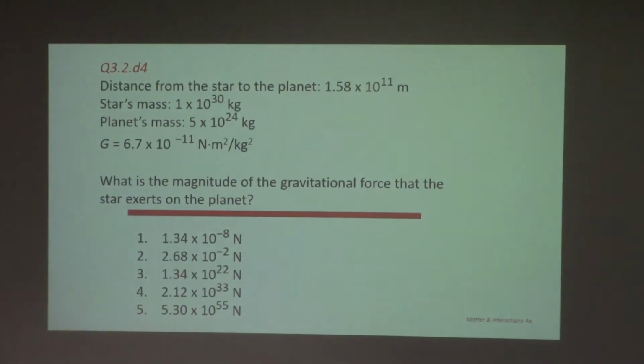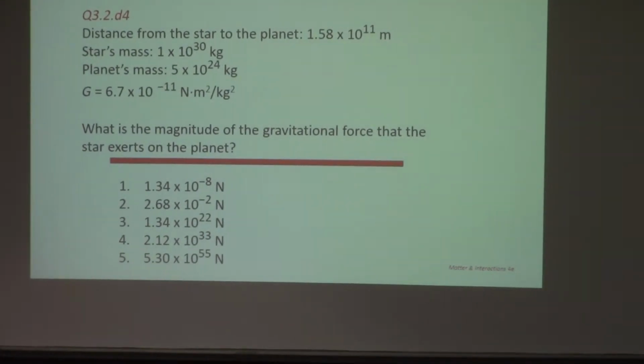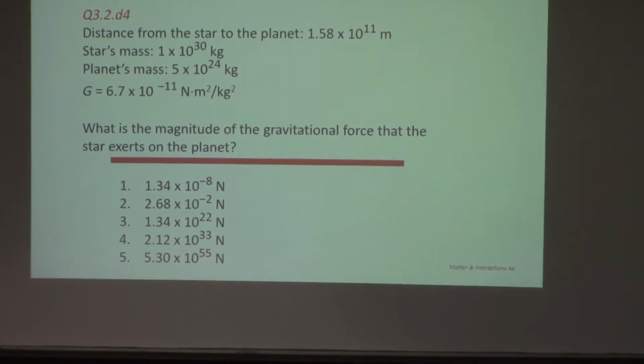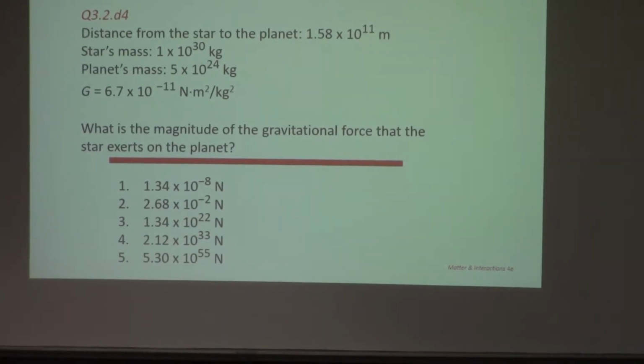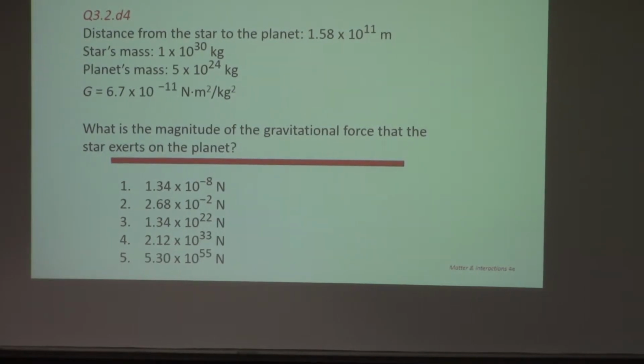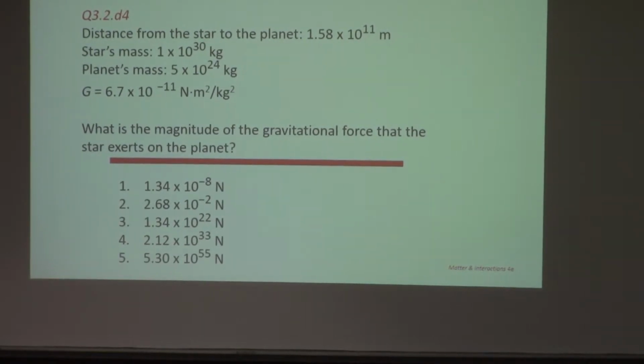Because in the numerator we've got 10 to the 30th kilograms, and we've got 10 to the 24th kilograms, so that's something like 10 to the 54th kilograms squared in the numerator, and we have 10 to the 11th squared in the denominator, which gives us something like 10 to the 22.